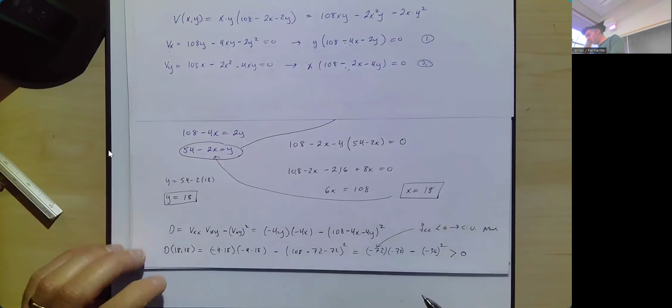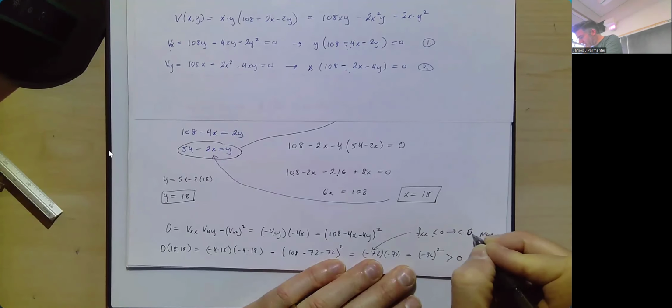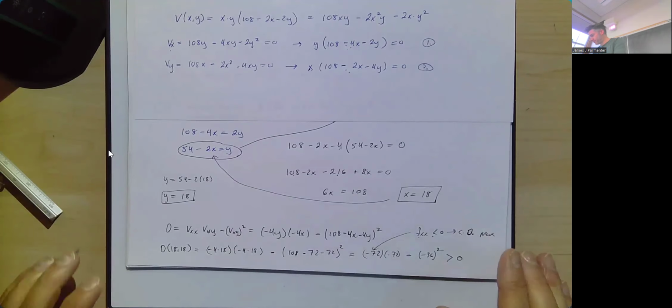I'm sorry, I said the wrong thing. Let me back that up a little bit. VXX is negative, meaning we're concave which way? If the second derivative is negative, concave down, meaning we have a maximum. I said concave up, but that was wrong. Concave down, meaning we have a maximum. Sorry about that.